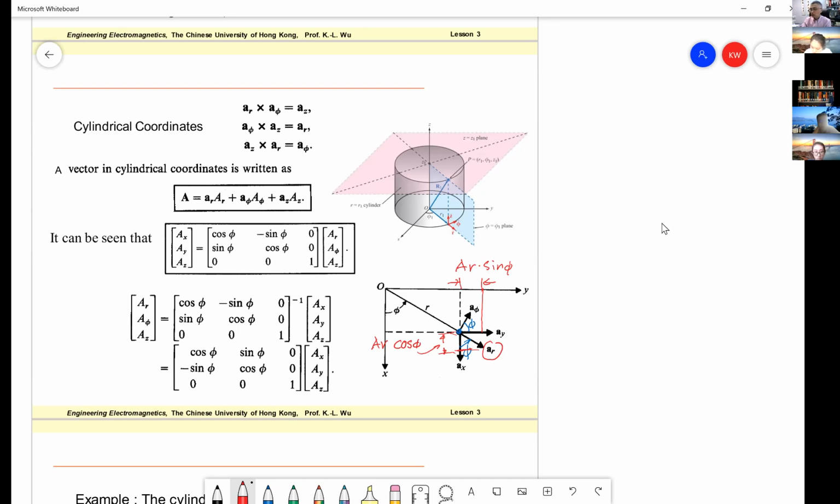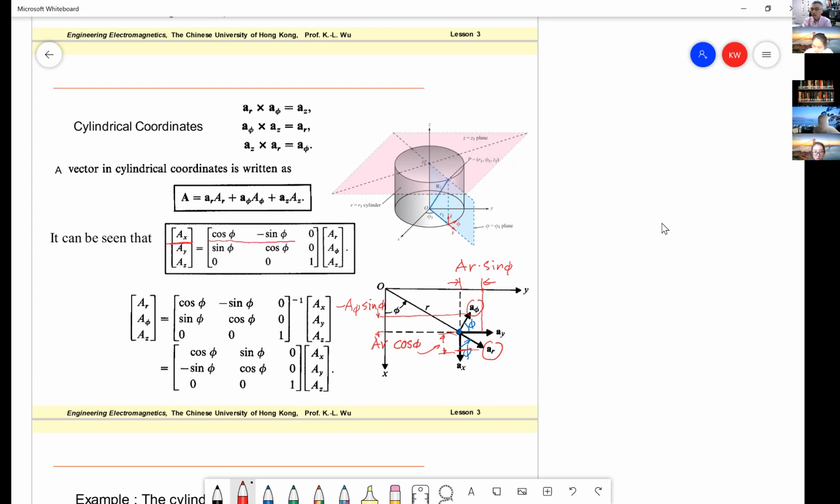Okay, so how about the phi component? The projection of the phi component on the x-axis equals minus a phi times sine phi. The reason for the minus is that if you look at the direction, it is opposite to the x-axis, right? So if we look at the r component and the phi component, how much do they contribute to the x-axis?